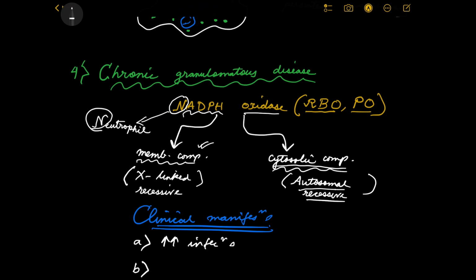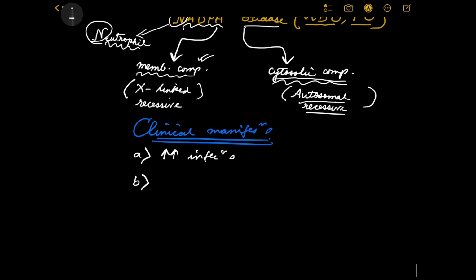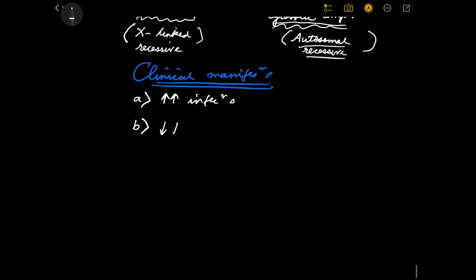NADPH oxidase is absolutely crucial for neutrophils, whereas, as I talked about earlier, nitric oxide derived free radicals are very important for macrophages, especially against mycobacterium. So if there is a problem in NADPH oxidase, there is decreased efficiency of neutrophils.